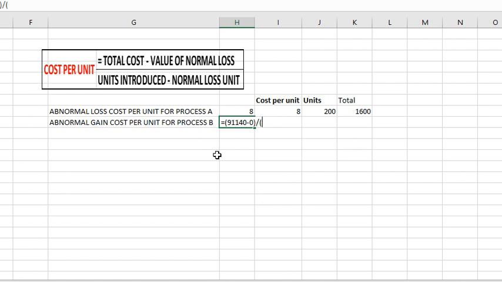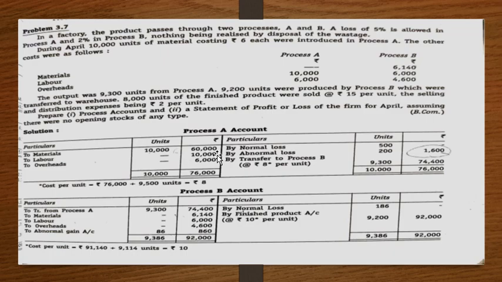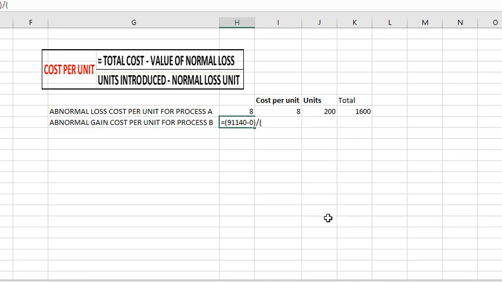For process B, the number of units introduced is 9,300, and the normal loss units is 186. So units introduced 9,300 minus normal loss units 186. According to the formula, you will get rupees 10 per unit. So the cost per unit is rupees 10.